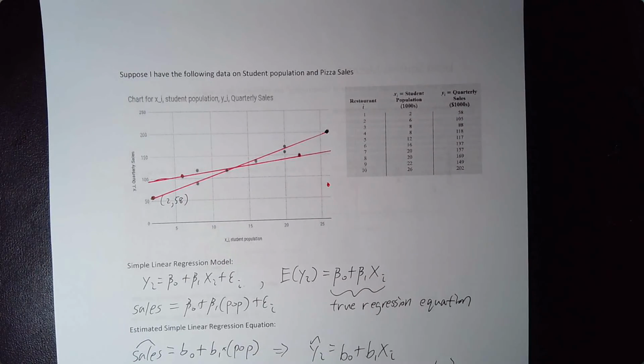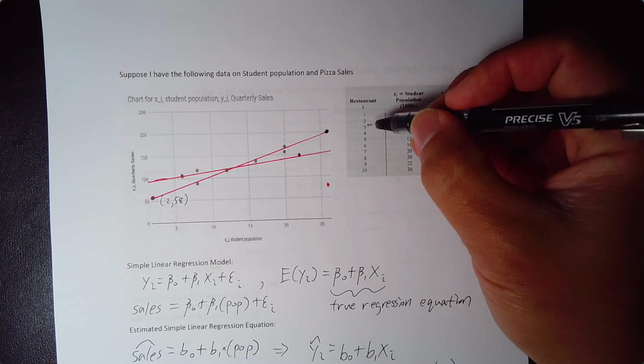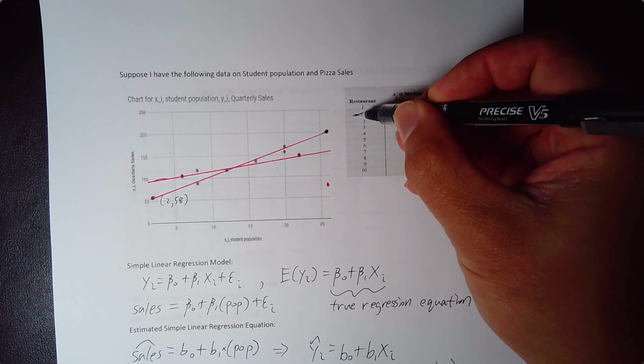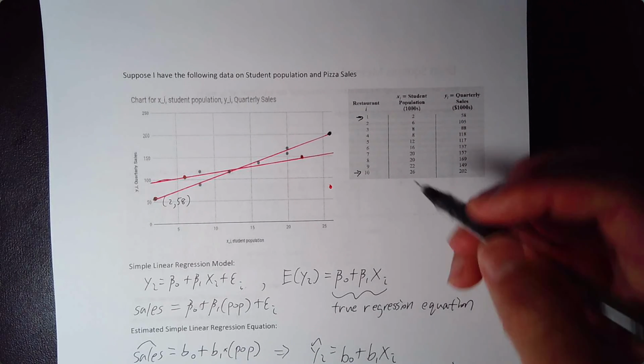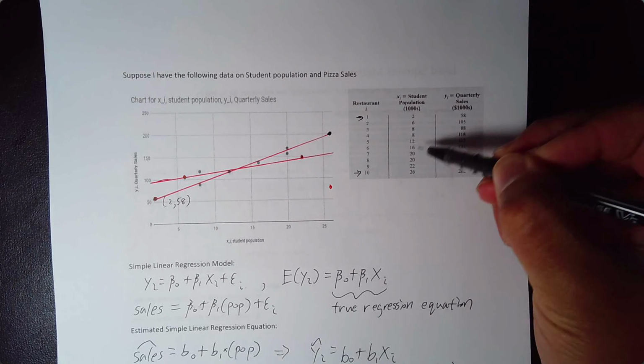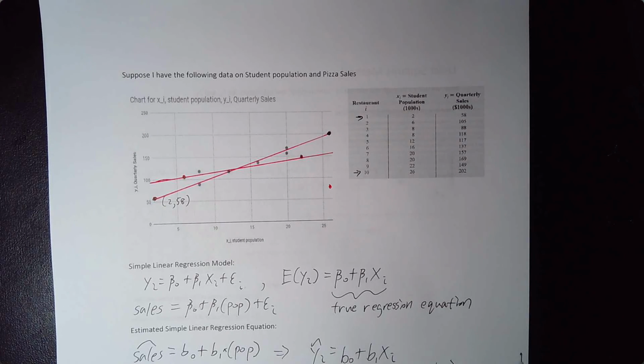I'm only using 2 observations. I have 10 restaurants, but I'm only using 1 and 10. There must be some information that the rest of the observations can give me, and I'm simply tossing them out. That simply is not efficient.